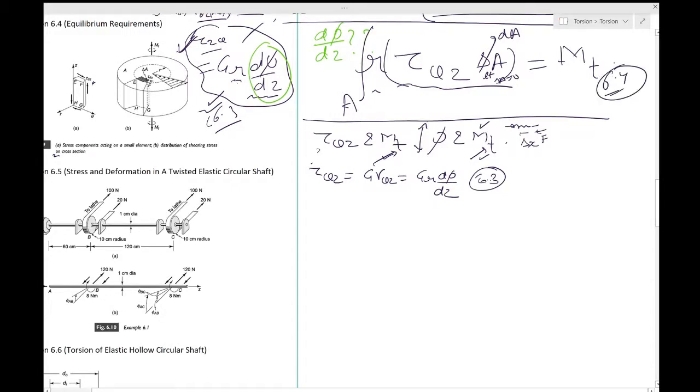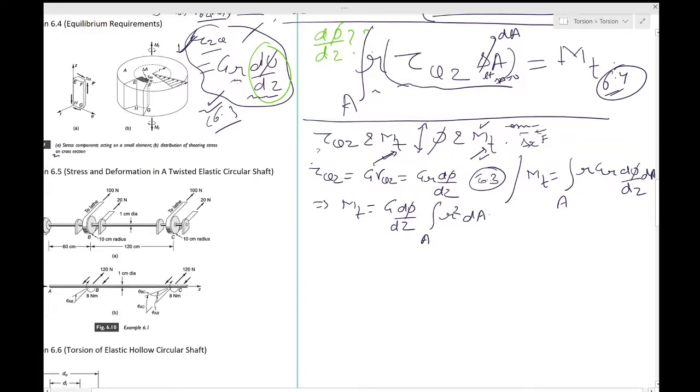So you put 6.3 into 6.4, then you would get Mt is the integral over area A of r times tau theta z, which is G r d phi by dz, dA. This would imply that Mt is equal to G d phi by dz, which we can take out because it doesn't depend on the area, times the integral of r square dA.